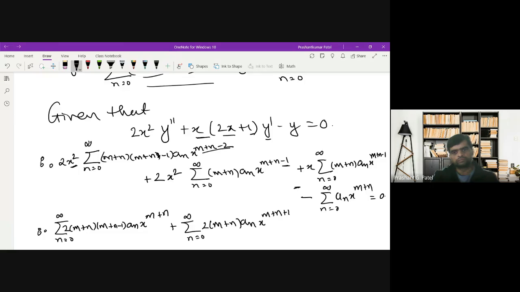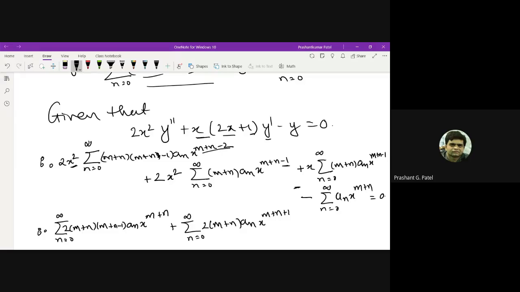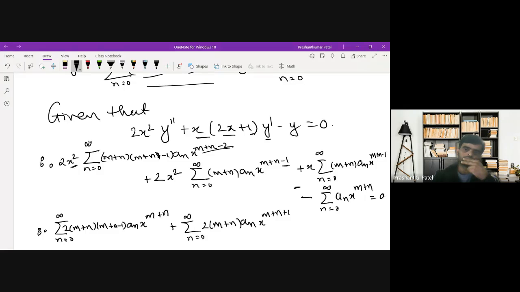Then you will have next term (m plus n) into a n x raised to m plus n.